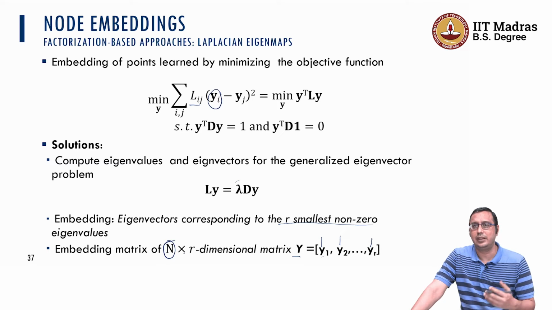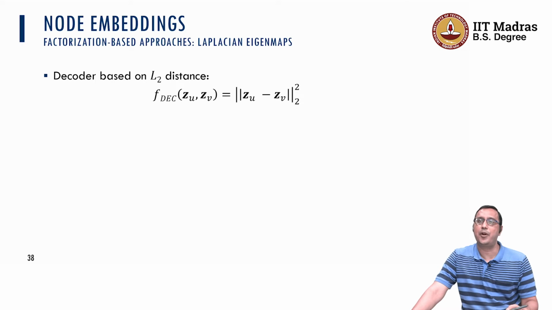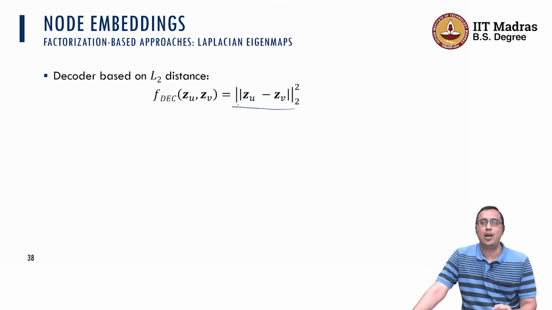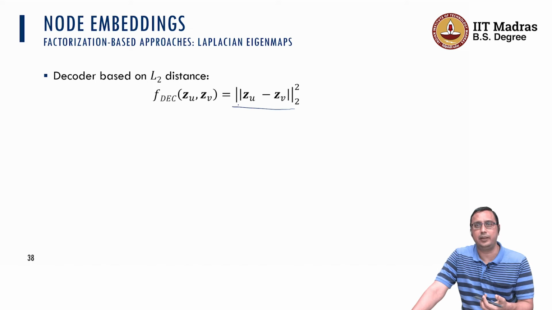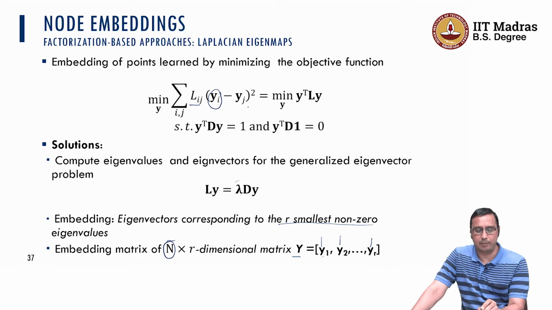Now you have got an idea that I can do the same analysis if I have a graph instead of points. So what we are going to do is use the same idea here. Remember that y_i and y_j, we are interested in, instead of a decoder function, minimizing the distance between z_u and z_v, which was here y_i minus y_j.